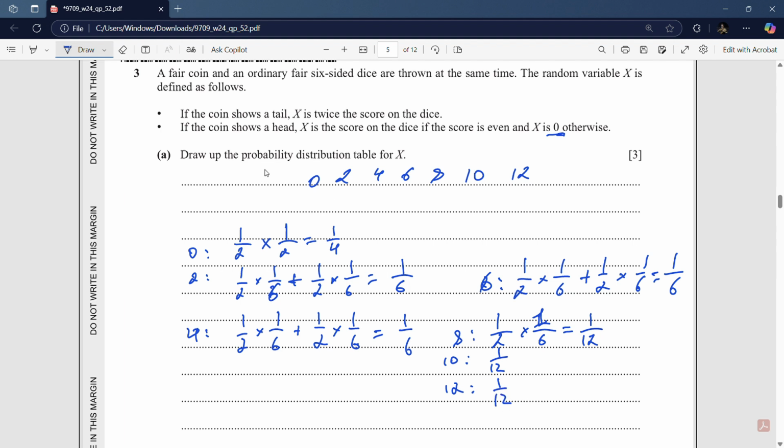So let's draw the probability distribution table. X equal x.